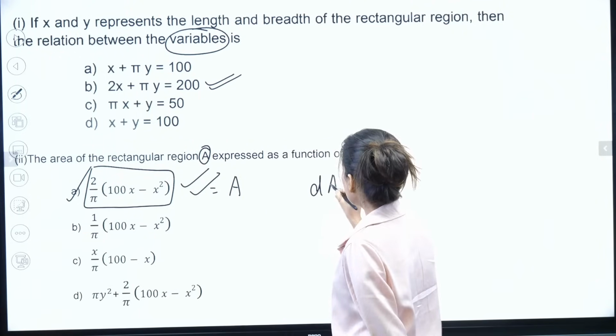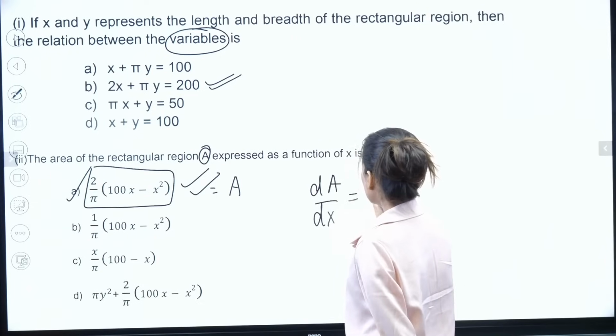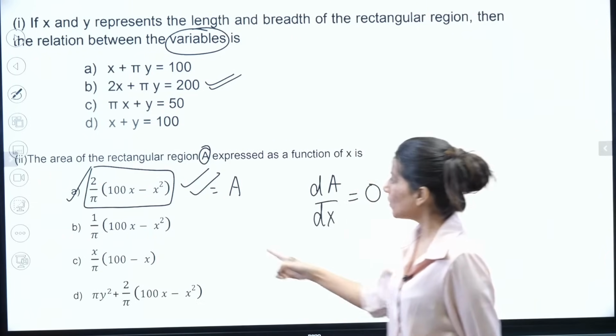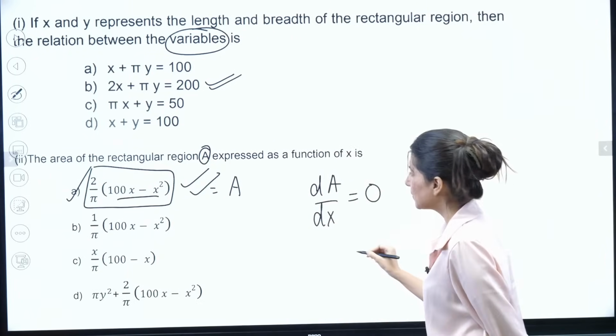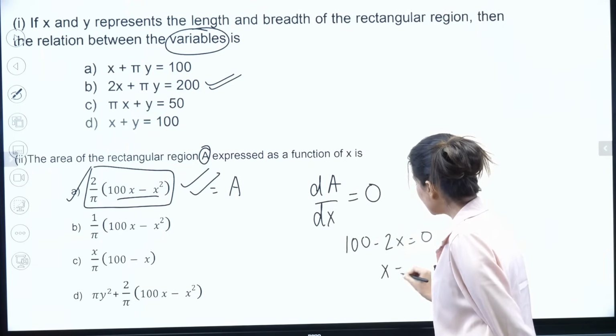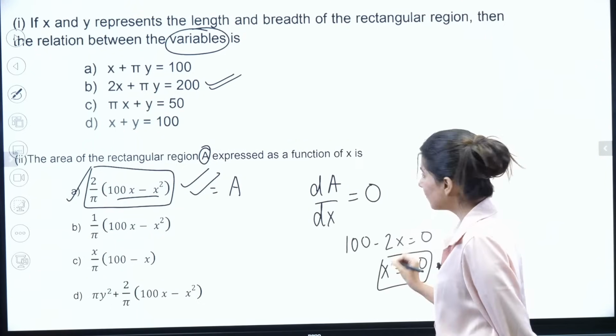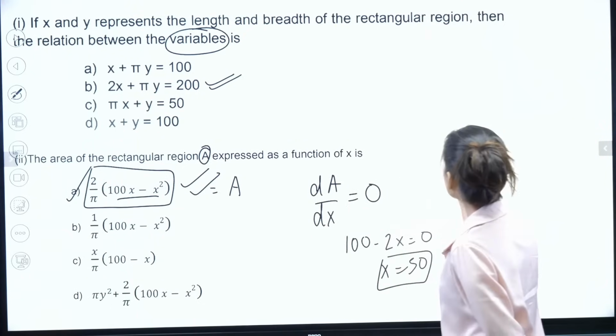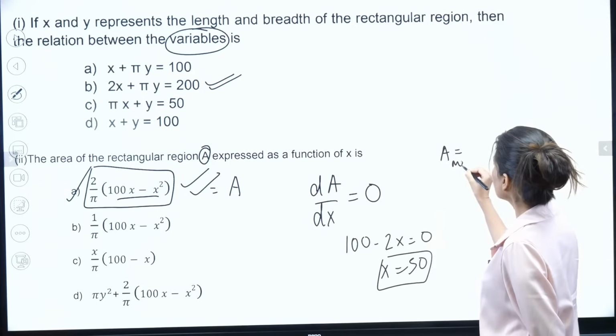Now dA by dx should be equal to 0 for maximum area. So what does that mean? This derivative should be equal to 0. So 100 minus 2x should be equal to 0. x equals 50 will give me the correct answer. The moment I put x equals 50, the area will become maximum.